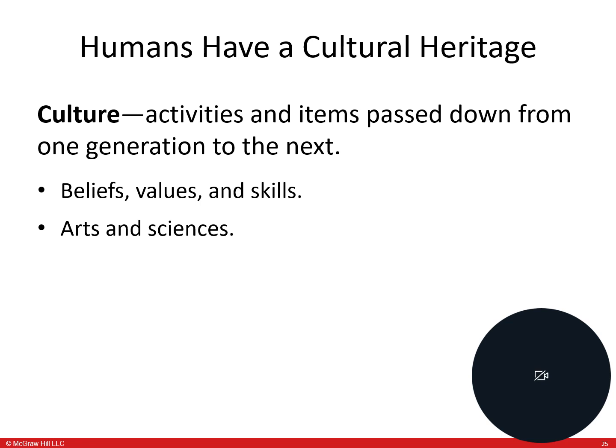So humans have a cultural heritage, and culture is a word that everyone knows what it means, but no one knows how to say, oh, this is what culture means, right? So culture by definition says activities and items passed down from one generation to the next. Culture could be a system of beliefs. It could be a system of values, morality, skills.